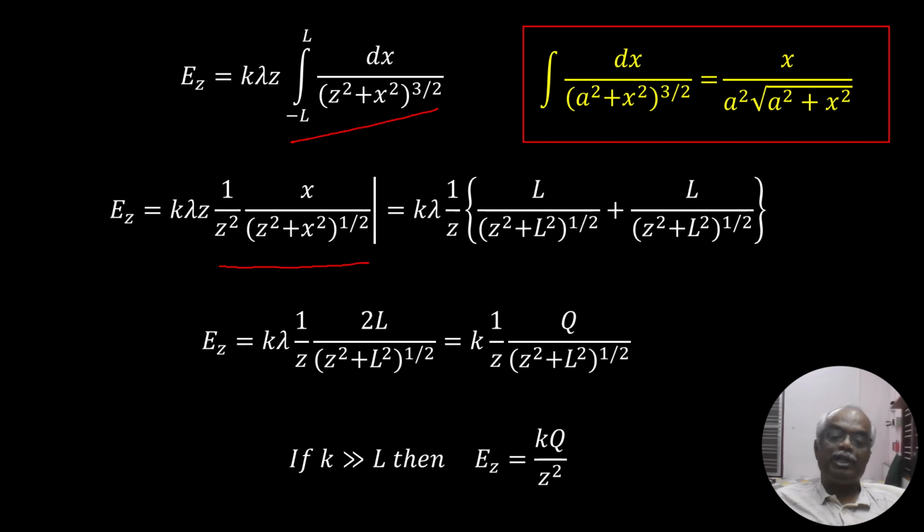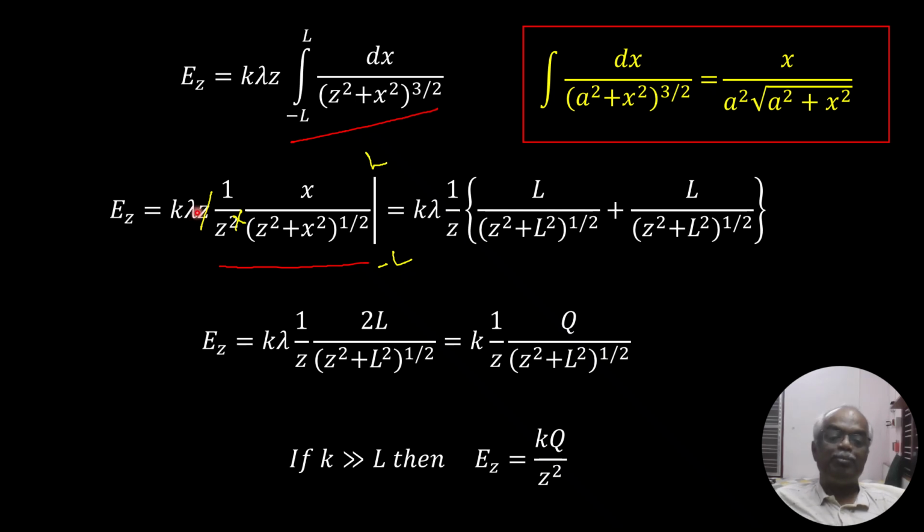Of course, we have to apply the limits: lower limit is minus L, upper limit is plus L. So you can cancel this z and this z squared.